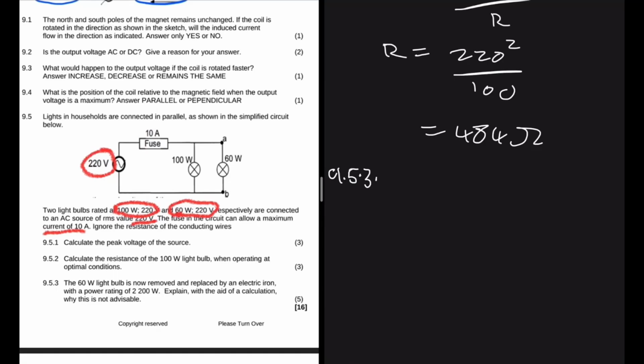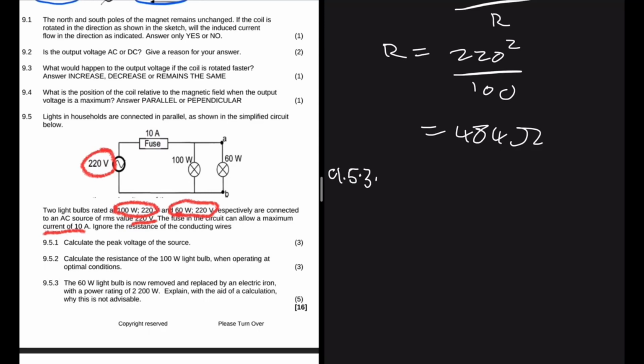Okay. An iron generally consumes more power than a bulb, right? And then it goes on to say with a power rating of 2220 watts. Makes sense, it's an iron. We are replacing a bulb. Explain with the aid of a calculation why this is not advisable.